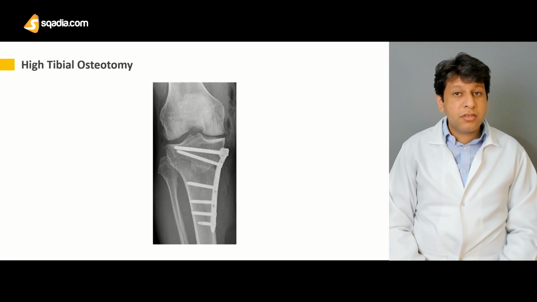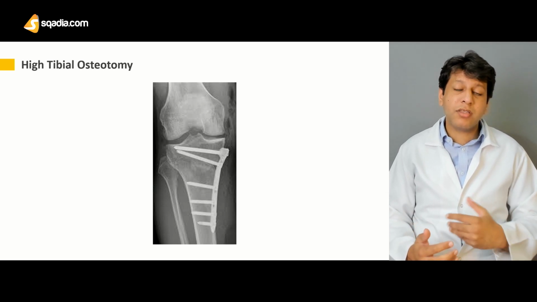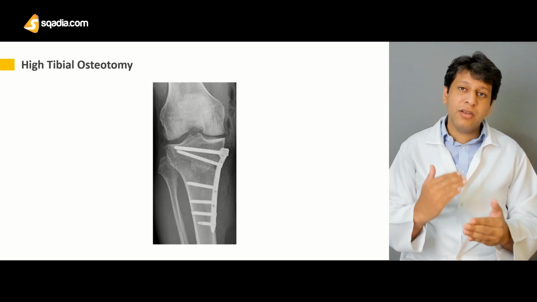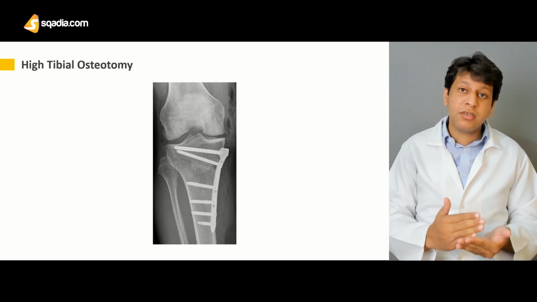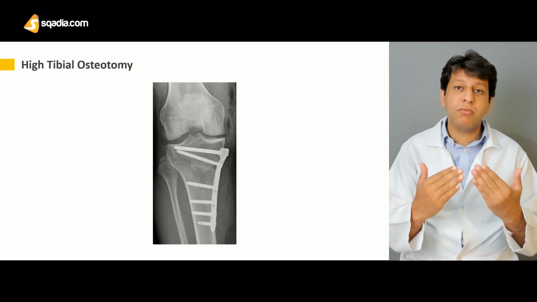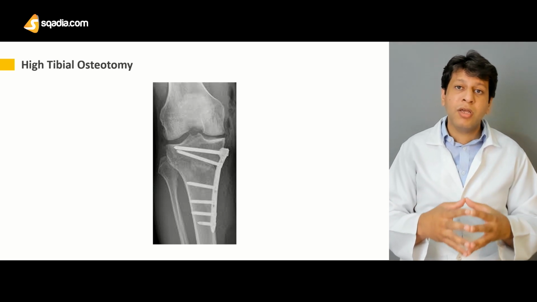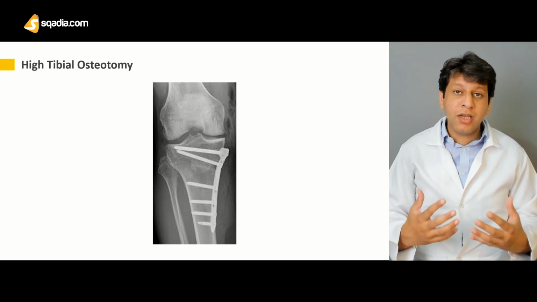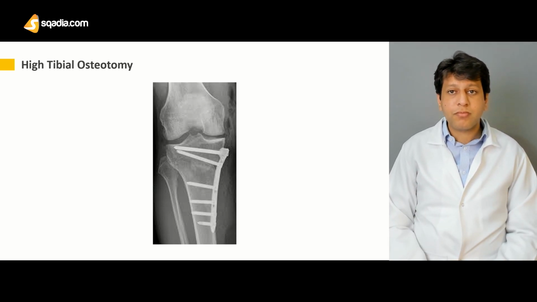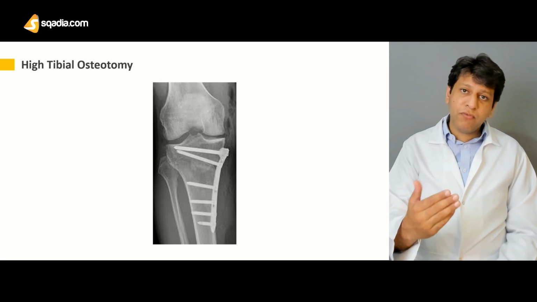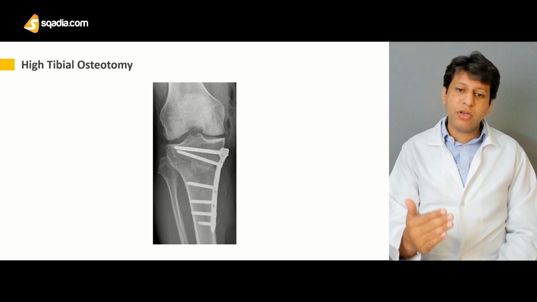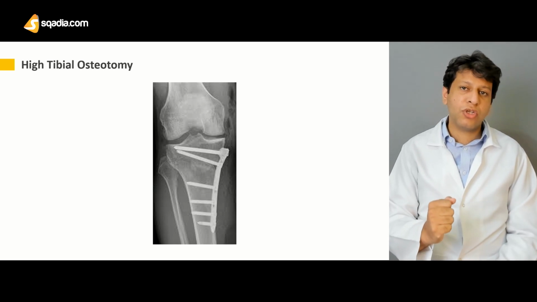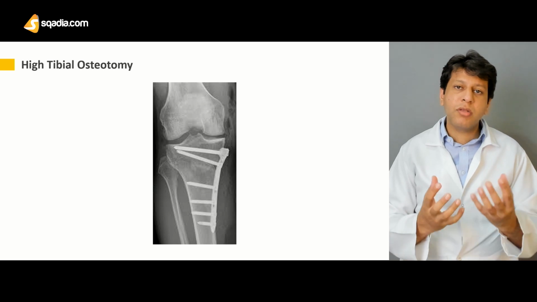In young patients, for example, if a patient develops arthritis quite early, let's say in the late 30s and early 40s, and you go for TKR, there is a chance that it would require replacement very early, because in the late 30s or early 40s the patients are quite young and quite active. Therefore, before the age of 50, and usually involving the medial compartment, we can go for a valgising high tibial osteotomy, in which we can offload the medial compartment.